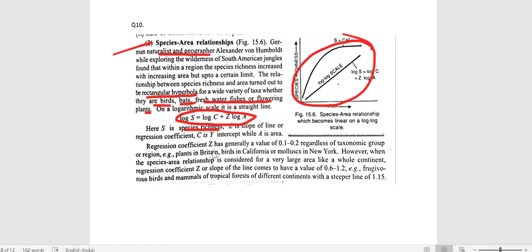The regression coefficient Z generally has a value of 0.1 to 0.2 regardless of taxonomic group or region. Example: plants in Britain, birds in California, or mollusks in New York. So this is the answer for this question. The species area relationship is shown through this figure, and the main equation is log S = log C + Z log A.